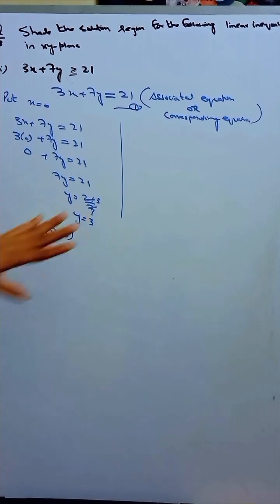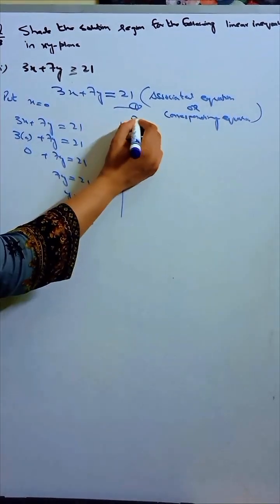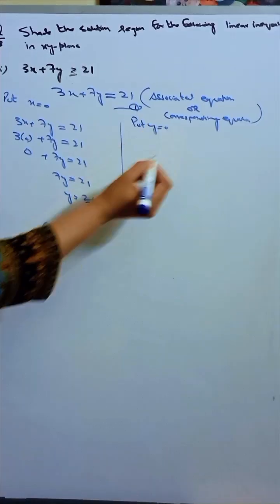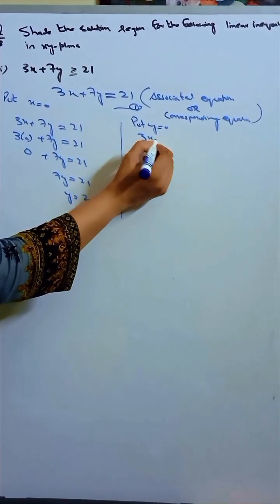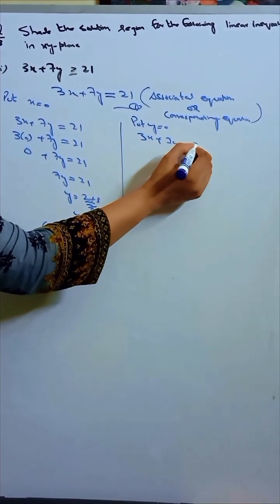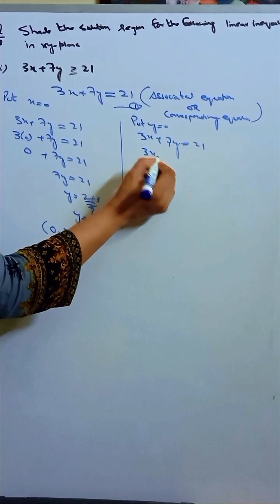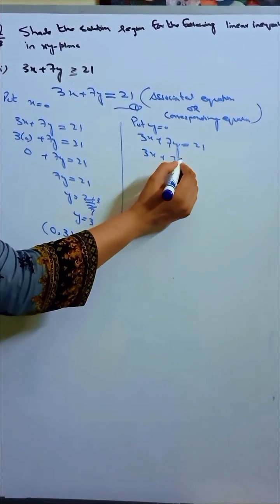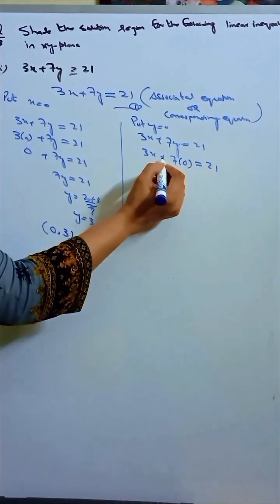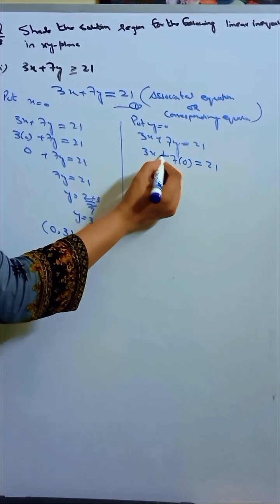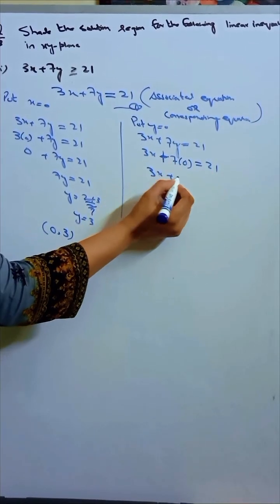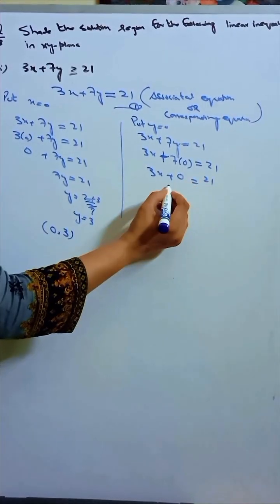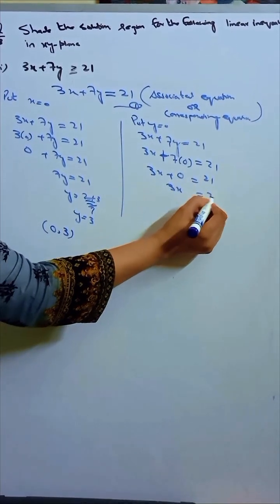Now jump to the next part. Put y equals 0. If y equals 0, then what will happen? 3x plus 7y equals 21, so 3x plus 7 times 0 equals 21. 3x plus 0, so 3x equals 21.